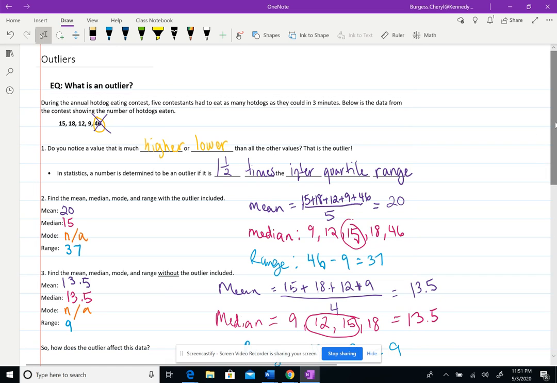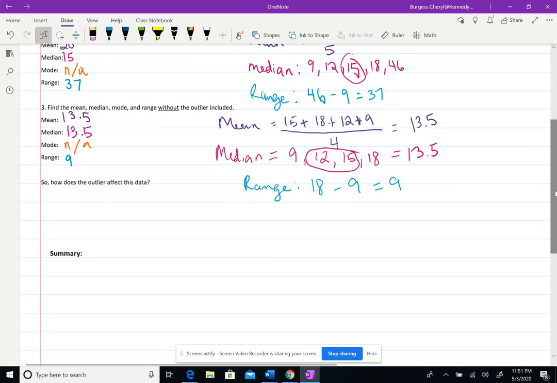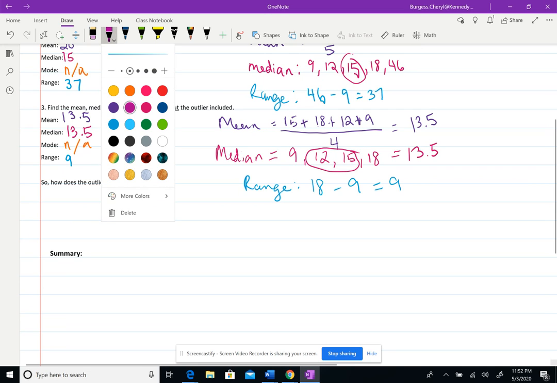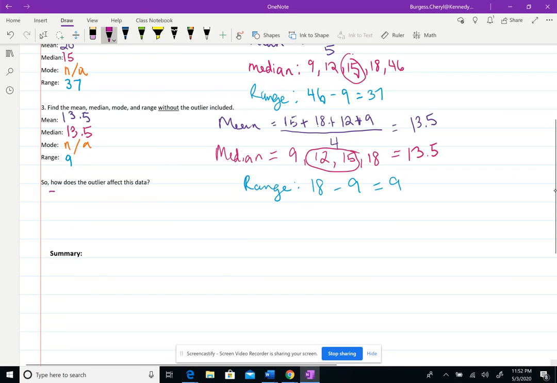So I'm going to write, let me change the color. The outlier has a great effect on the mean and range.